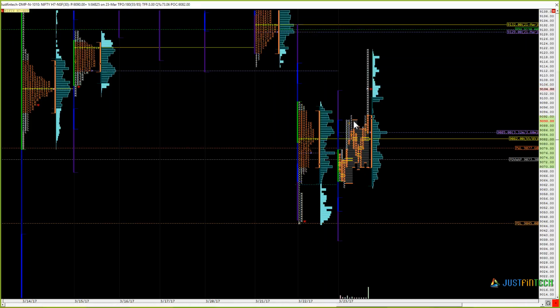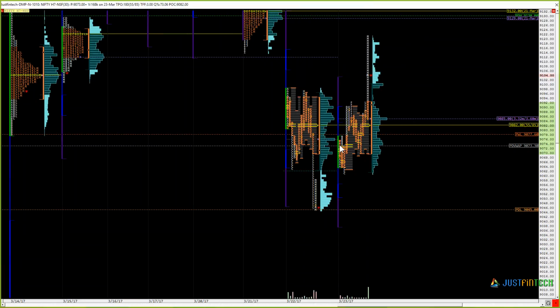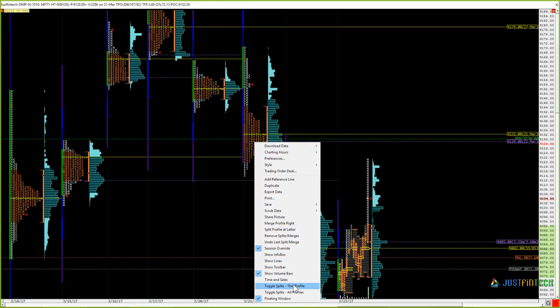We'll go into the 3-minute chart and see how it performed during the day. But before that, let's have a look at the background, that what it has done and how it will proceed further. So here we had a spike which is not recorded in this data. Now let's split this, and let's split this as well.